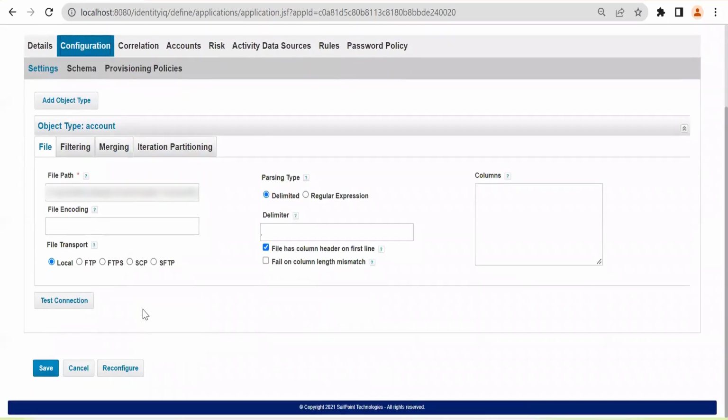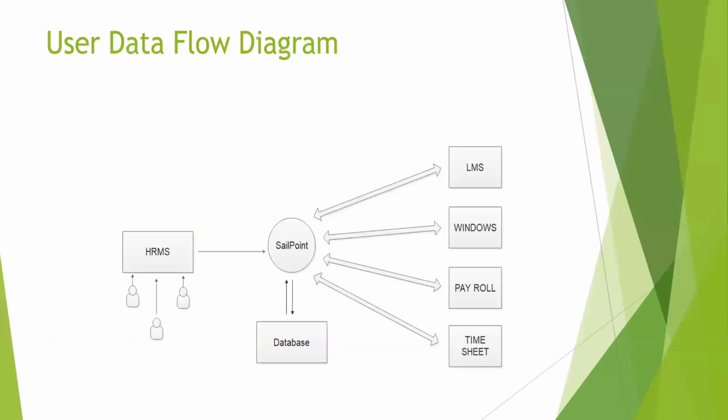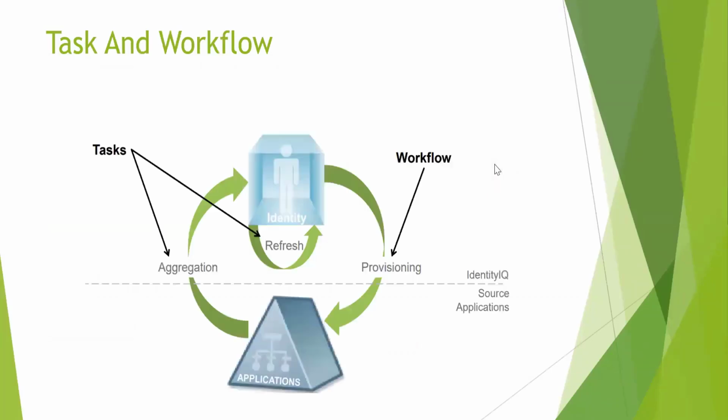But we have not defined a process which will fetch the data from the HRMS application into SailPoint. The process is called aggregation. I explained it in the PPT also, and I'll explain it here. This is your data flow diagram. If you see in the next slide, this is our application and this is SailPoint, so we will fetch the data.